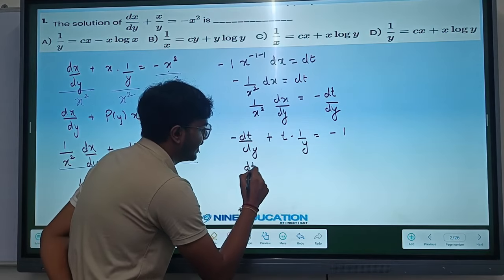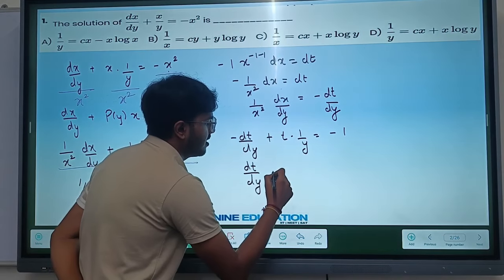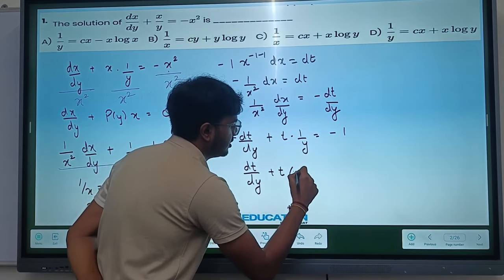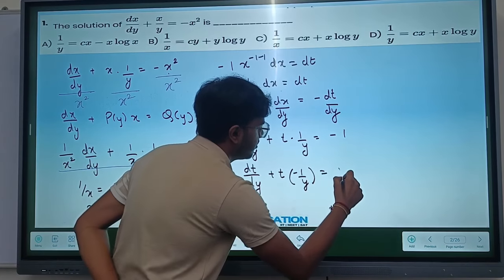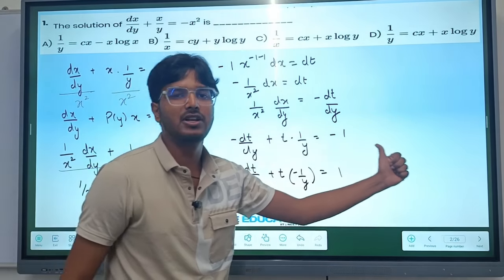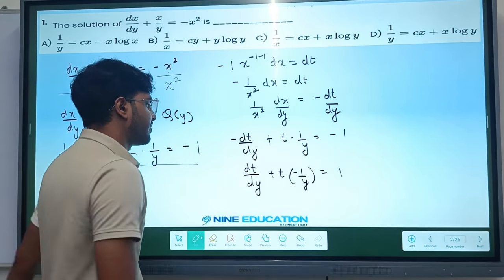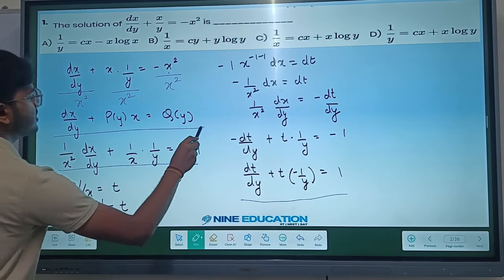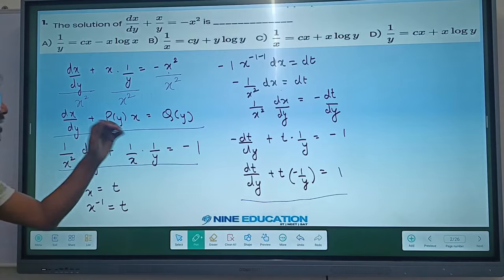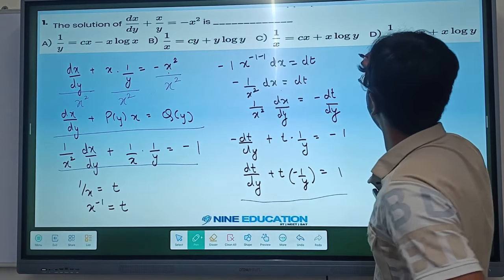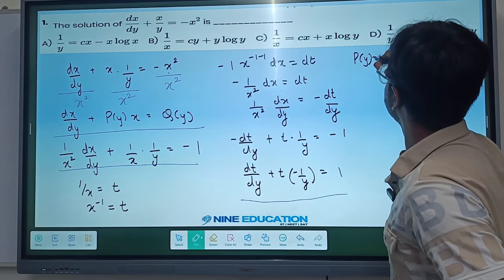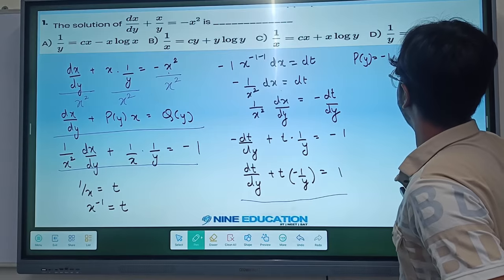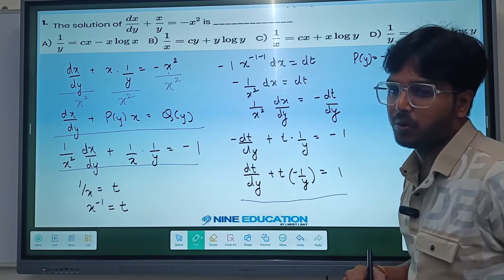What will we get? dt by dy plus t into minus 1 by y equal to 1. What did I do? I multiplied the whole equation by minus 1. So now if I compare this with the standard form, instead of x just t is there. So I can easily get that the function of y, p of y is minus 1 by y and q of y is 1.